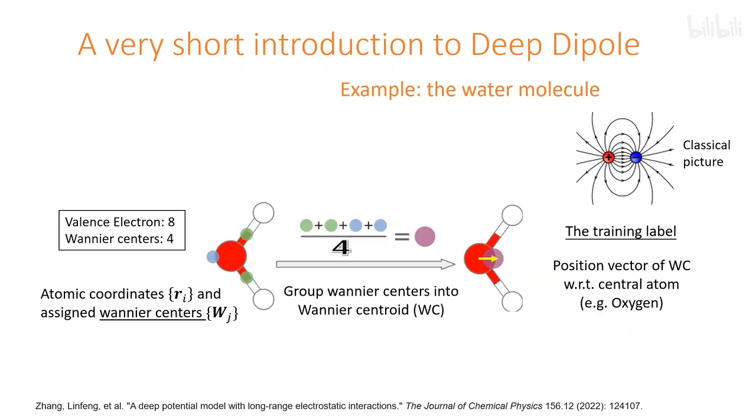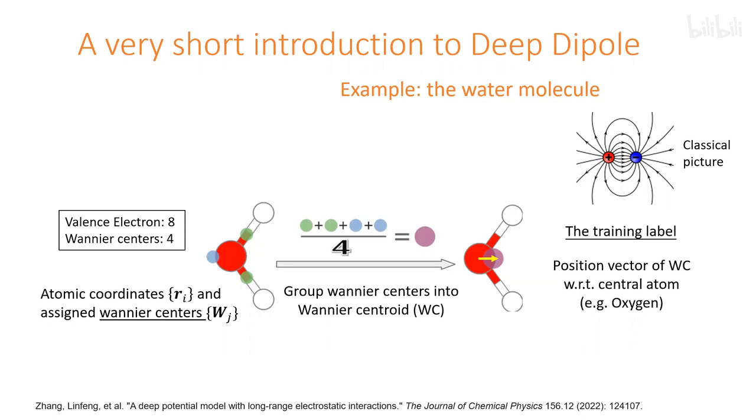It's the purple circle plotted here. For the water molecule, the effective charge of the Wannier centroid is then -8.